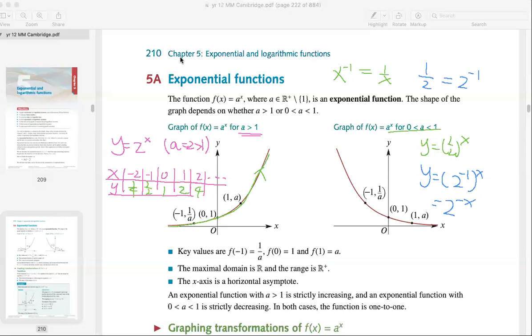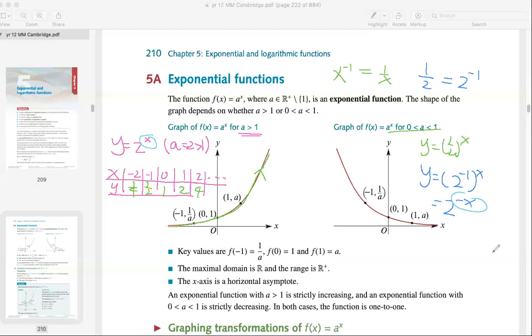So once we have this expression, let's look at over here and over here. That reminds you of something from chapter 3, transformations. I hope you guys can see it this way. Basically, the meaning is a reflection in the y-axis.